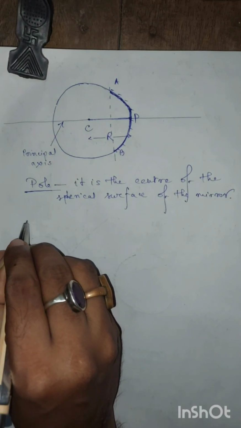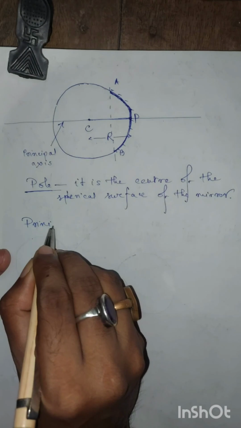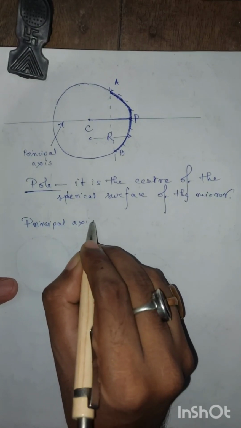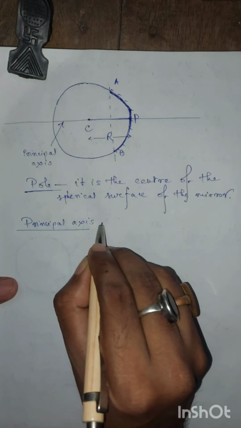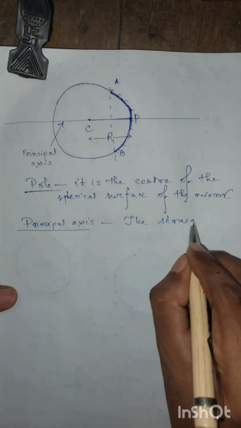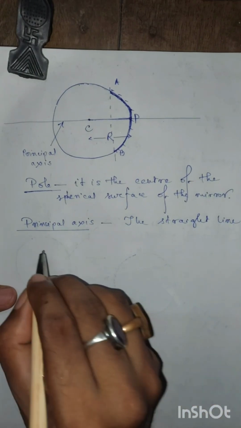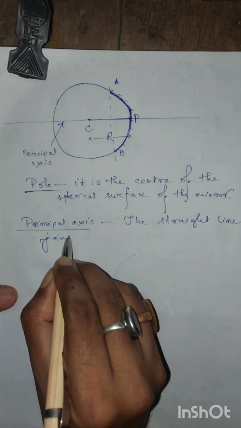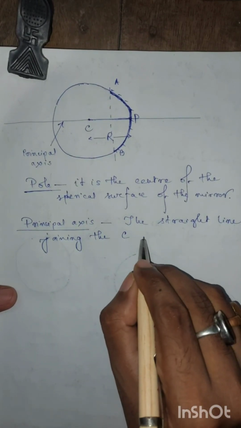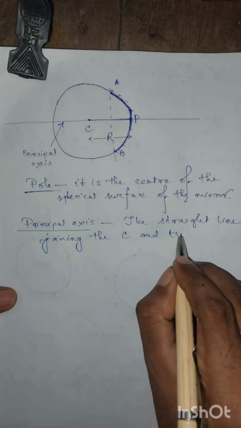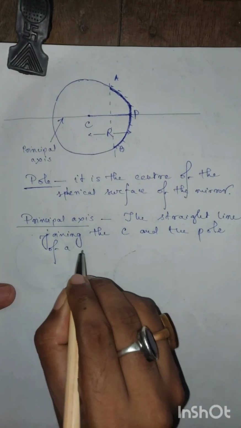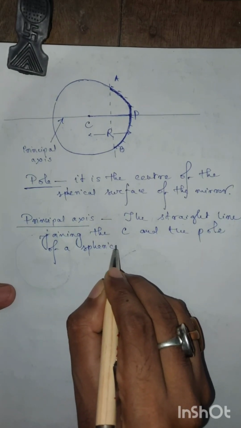So, the principal axis can be defined as the straight line joining the center of curvature and the pole of a spherical mirror.